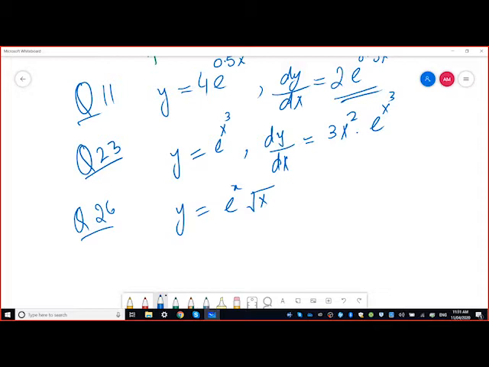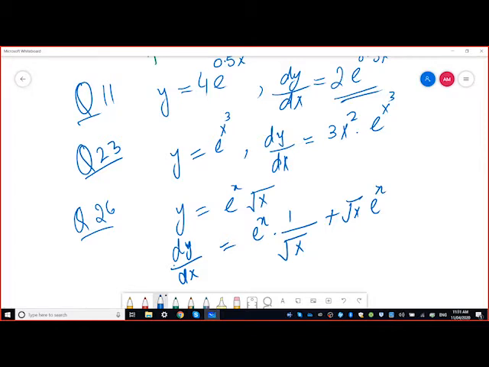So it would be e to the power of x times 1 over square root x, plus square root x times e to the power of x. Yeah, that's correct.